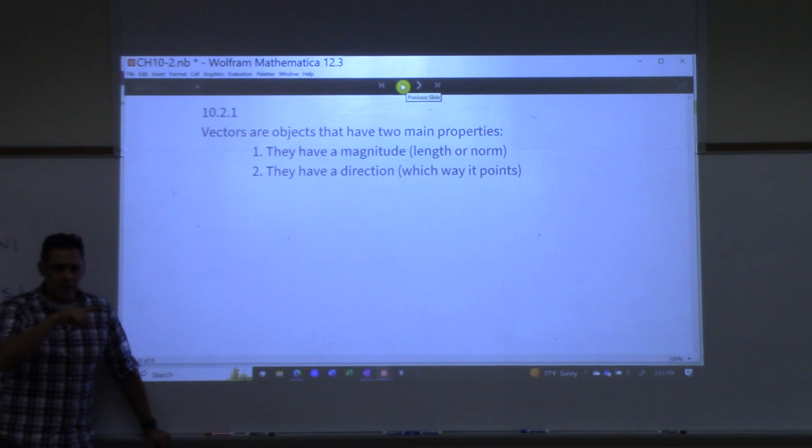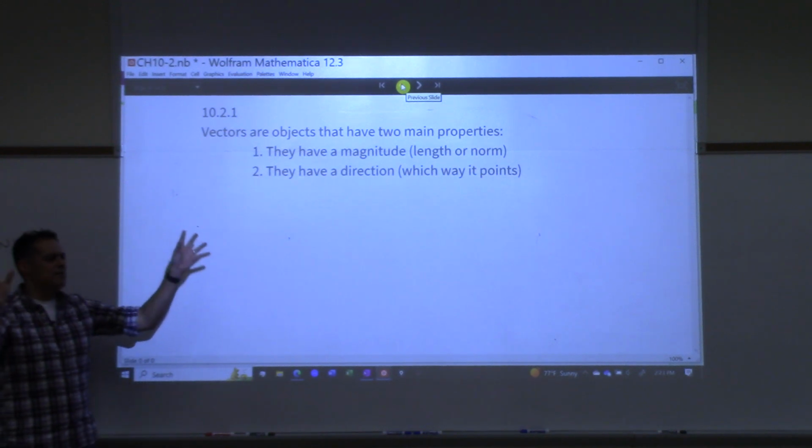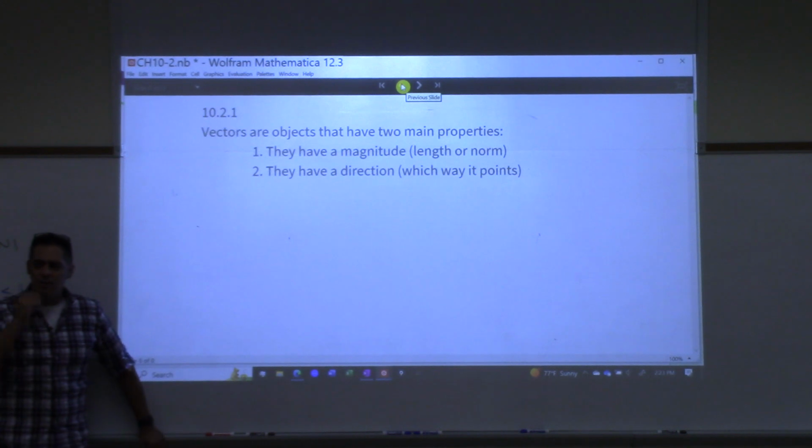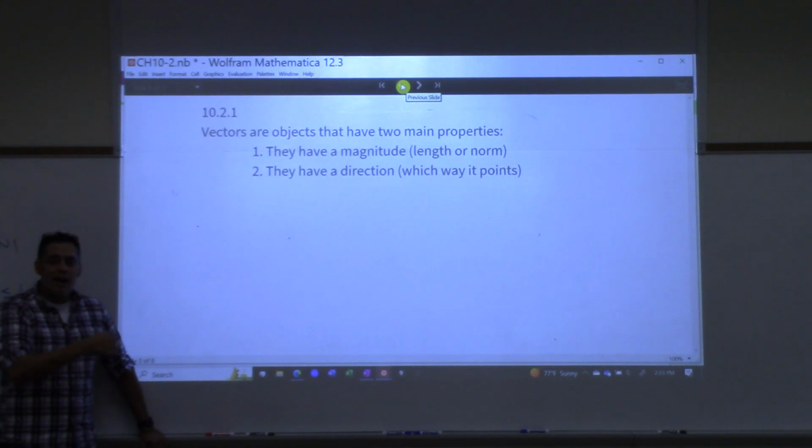Vectors are actually more abstract than this. They don't have to be arrows living in space. They can be something else. So I just want to give a disclaimer that in this class I am only referring to vectors in the traditional calculus sense of a vector.